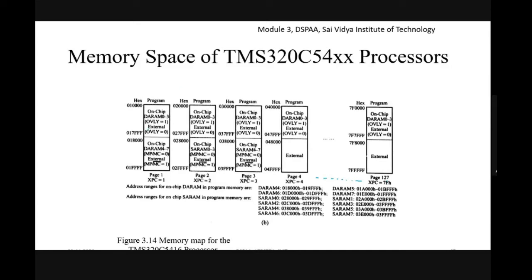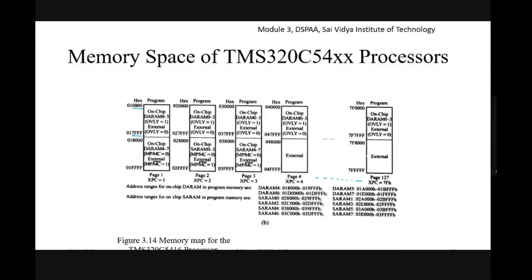See, this is page 1, starting with 01 followed by four zeros and ending at 01 followed by FFFF. In this case, at 017FFF, the on-chip dual access RAM, bits 0 to 3, is present here when OVLY is equal to 1. External when OVLY is equal to 0.